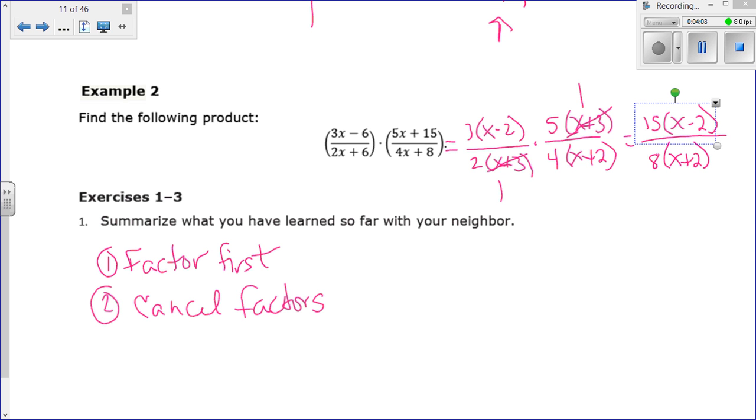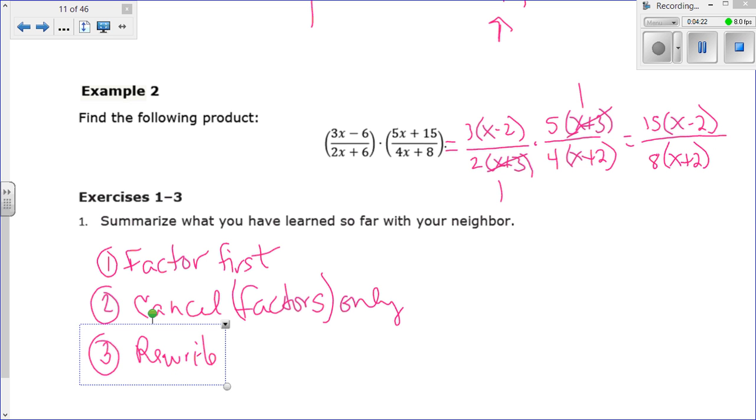And remember, factors are in parentheses sometimes. They are not terms. I can only cancel factors. And then 3, I rewrite, and in the process, anything that's left over, I multiply. So I just bring what's left over at the end and I write it down.